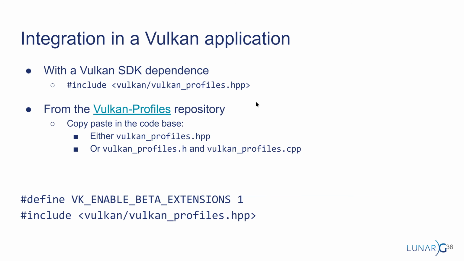So how do we include Vulkan profiles in the application code? It's very easy, especially when the Vulkan SDK is installed. We just need to include vulkan_profiles.hpp. But there is also another approach, which is going to the repository, grabbing the files and copy-pasting them directly into the code base.